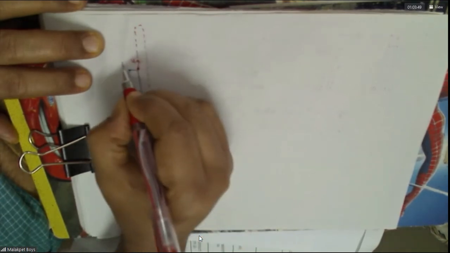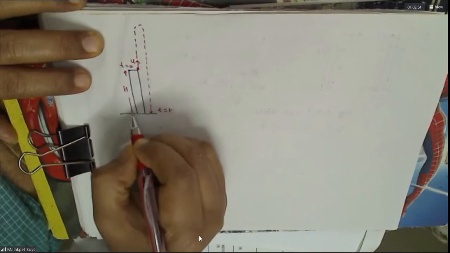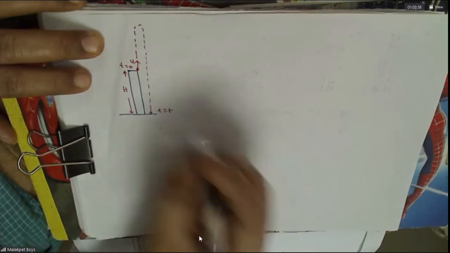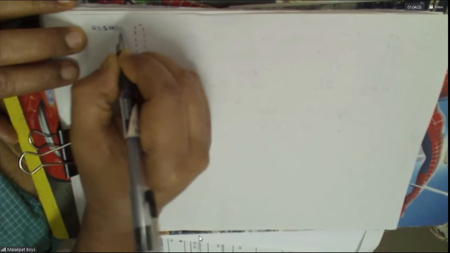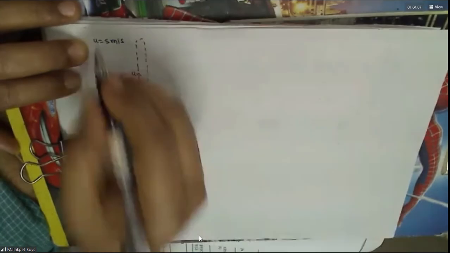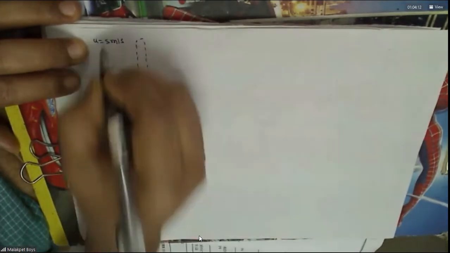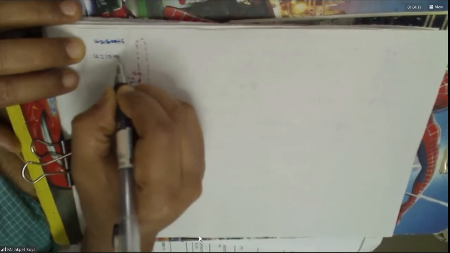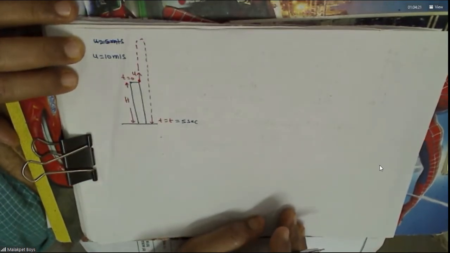This is at t equals 0. So this is the height of the tower. Suppose we have to find the height of the tower. Understood this? u is 10. He'll ask you to find the height of the tower.